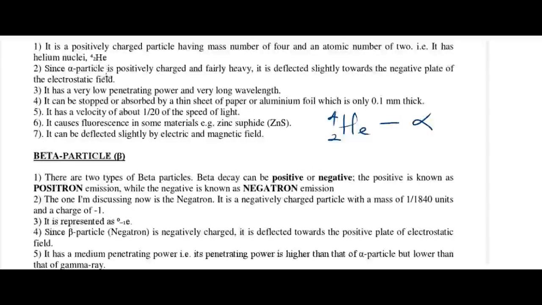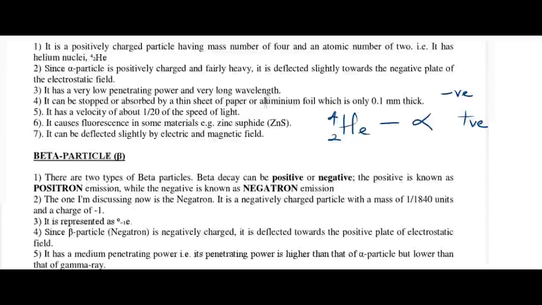Then 2, since alpha particle is positively charged and fairly heavy, it is deflected slightly towards the negative plate of the electrostatic field. 3, it has a very low penetrating power and very long wavelengths.